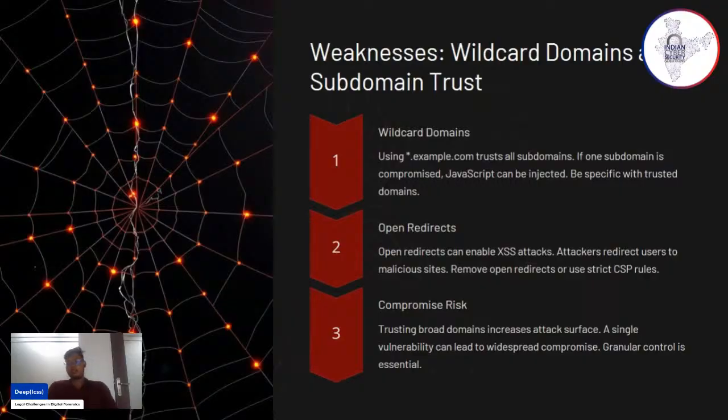Next weaknesses: wildcard domains and subdomain trust. Why do we need to implement CSP with our subdomains also? Many websites have multiple subdomains in a single website, right? So if you implement CSP on the root domain, there are still many chances that you have multiple subdomains.